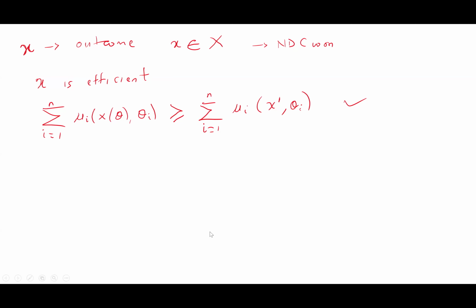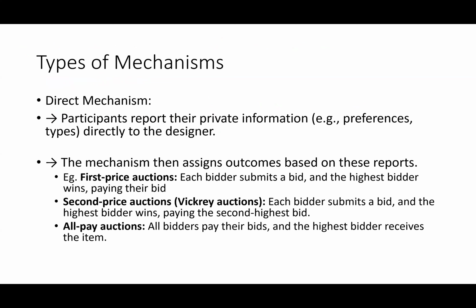So let's look at the types of mechanism. We are saying that we have two types of mechanisms. We have the first, which is the direct mechanism, and we have what we call the indirect mechanism. As far as the direct mechanism is concerned, participants report their private information, right?